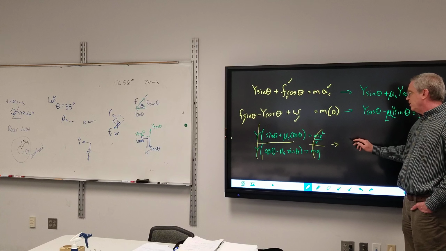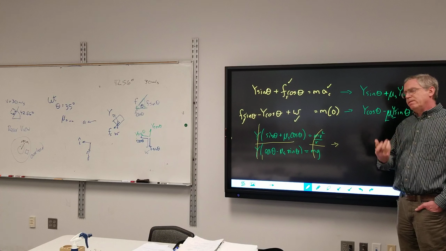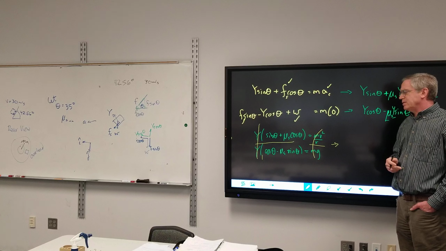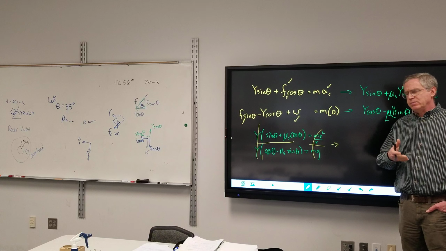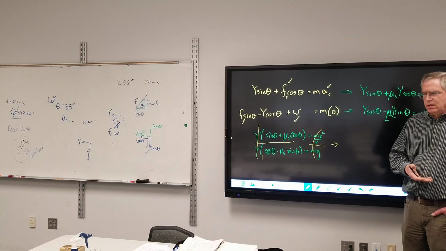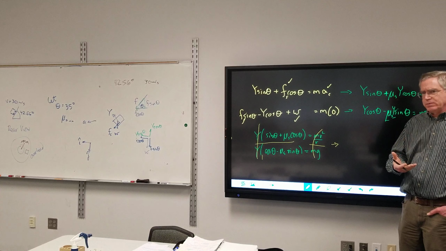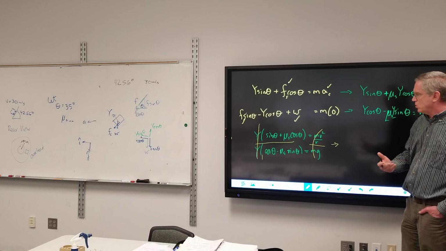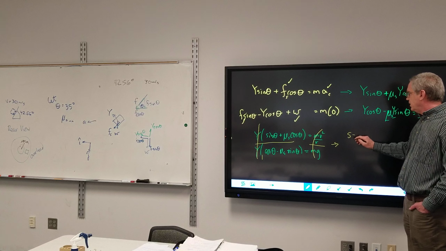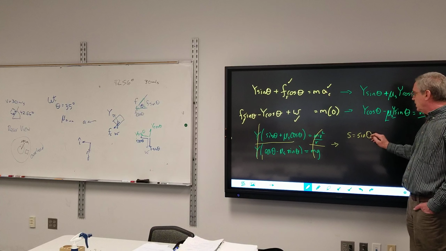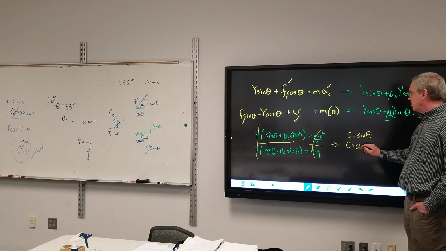So I'm left with, all right, this is the point in which I realize the more I write, the more chances I have to make a careless error. So I'm gonna make two small substitutions here, just as a shorthand. I'm gonna let s equal sine of theta. I'm gonna let c equal the cosine of theta.